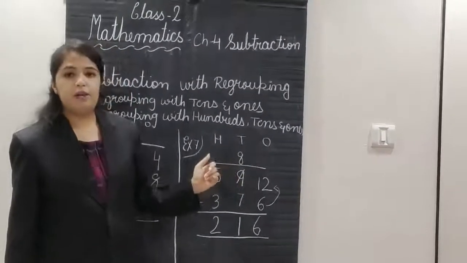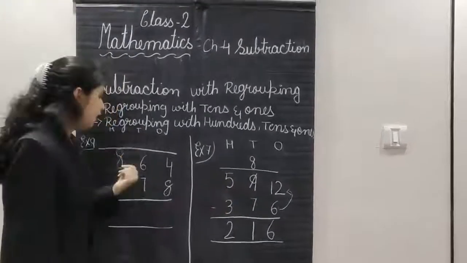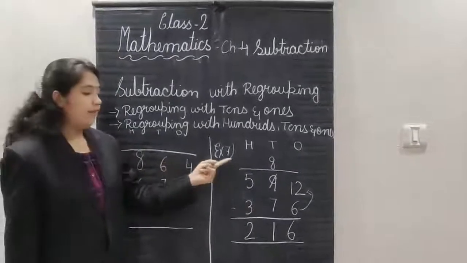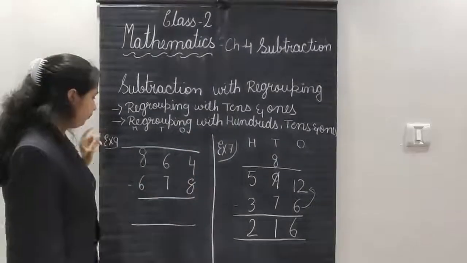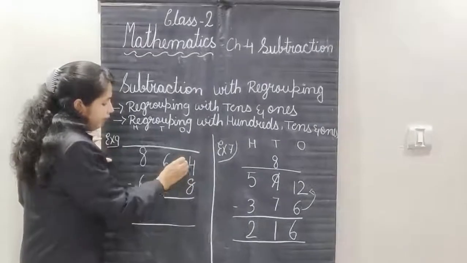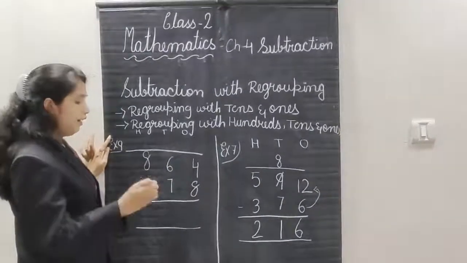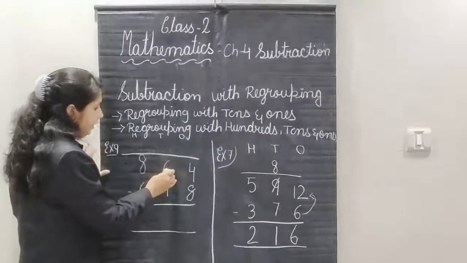Now moving forward, we will take another example, which is example number 9. Okay? Example number 8 you have to see by yourself. Now example number 9. Can we minus 4 minus 8? No. So again what we will do? We will borrow from the tens place, right?